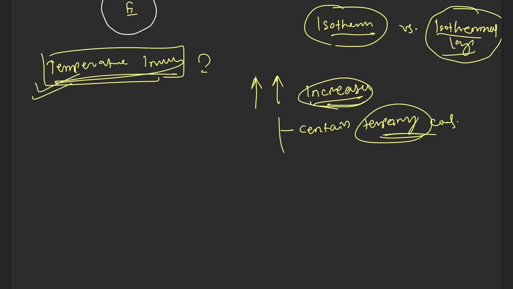What is temperature inversion? If at some point or temporary condition or specific situation, as we go upward, the temperature increases instead of decreasing. That is called temperature inversion. There are three conditions when temperature inversion occurs. Remember.